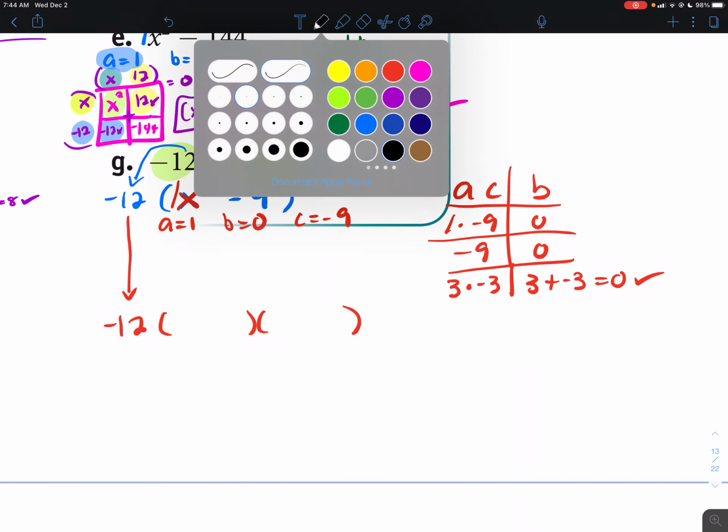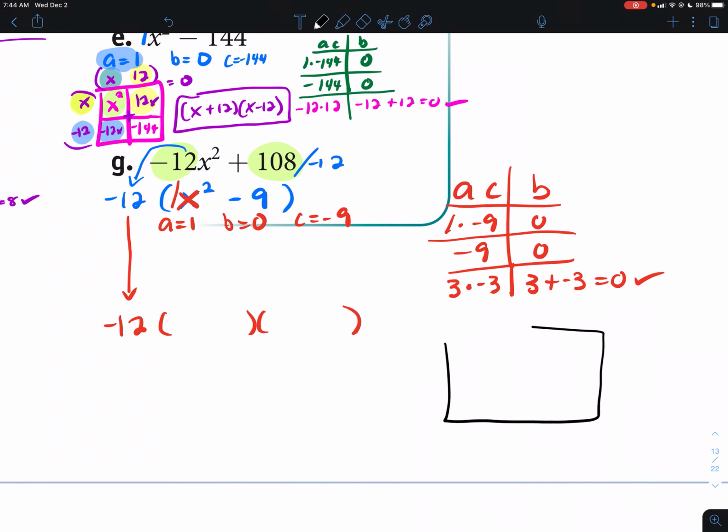So our numbers in the box, I got my x squared first, negative 9 goes here, and the 2 in the middle add up to 0. So that has to be 3x plus negative 3x. And now we work backwards. What times what goes here? That would be x times x.